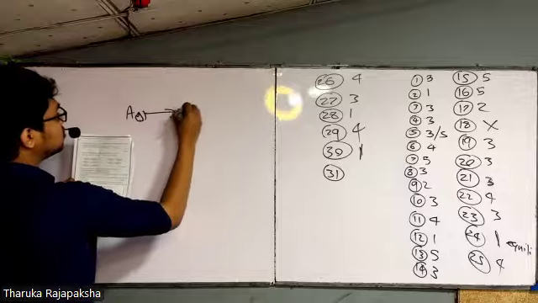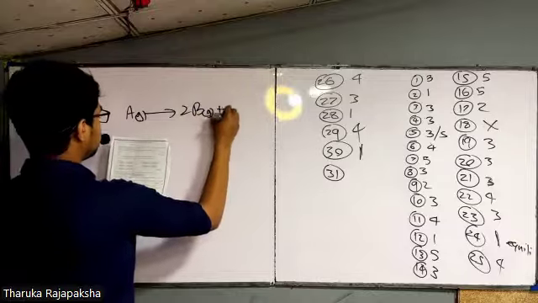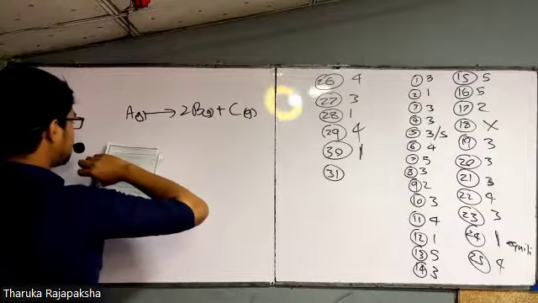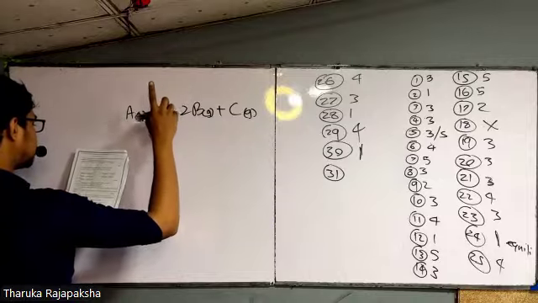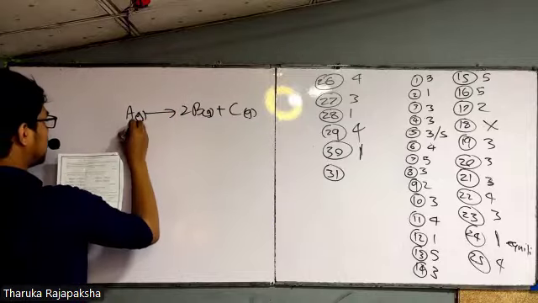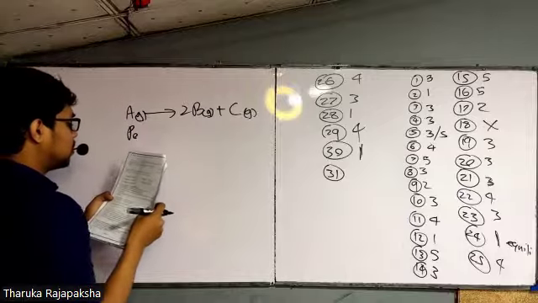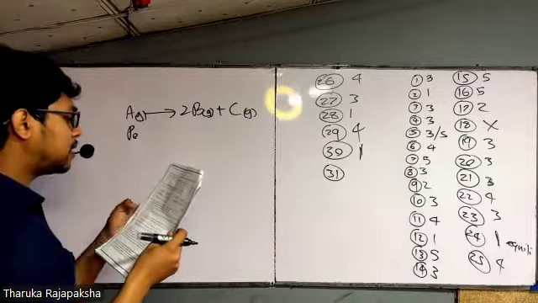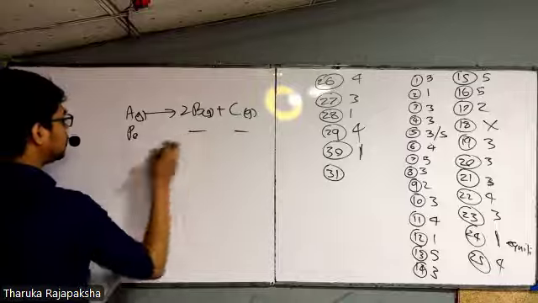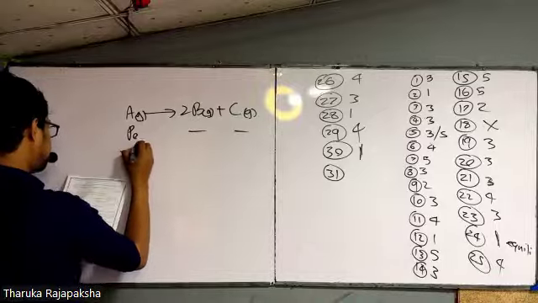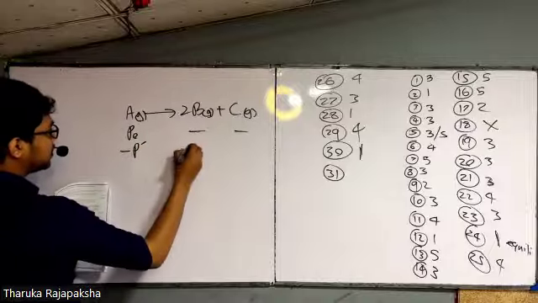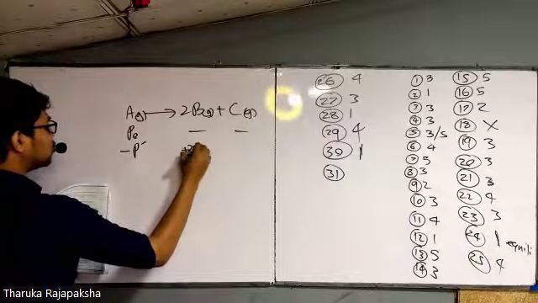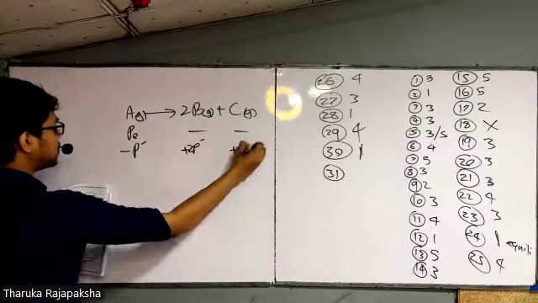A gas goes to 2B gas plus C gas. The initial pressure is P naught, and at time T it is P. Let's say P dash of A reacts, then B becomes plus 2P dash and C becomes plus P dash.